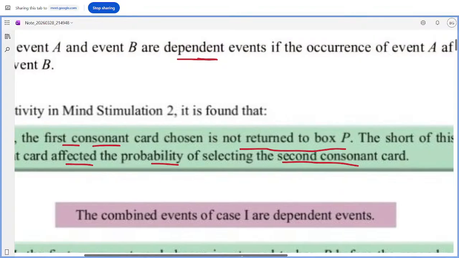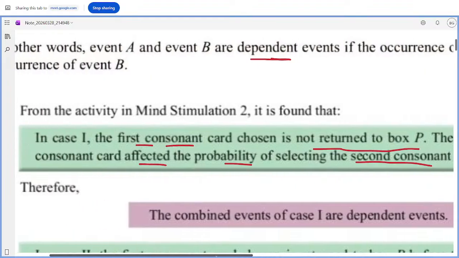Yes, very good. It affects the sample space, because when you don't return the card, the total becomes minus 1. So automatically the probability for the second card changes, because probability is what you want divided by the total. If the total changes, automatically the whole value of the fraction changes, no matter what the value on top is. That's the concept.